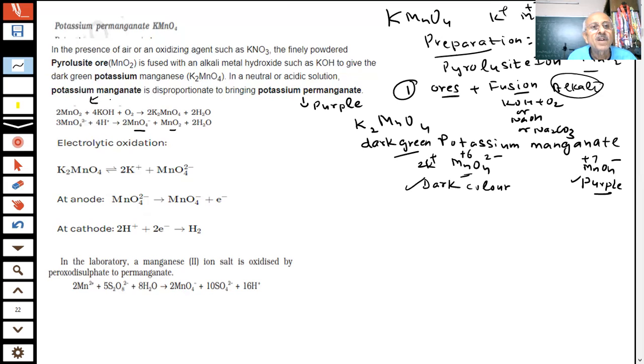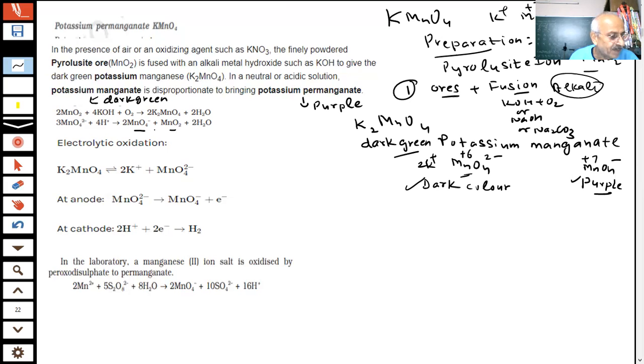So there is a change in color from dark green to purple when you get potassium permanganate. Colors are important to identify the products.